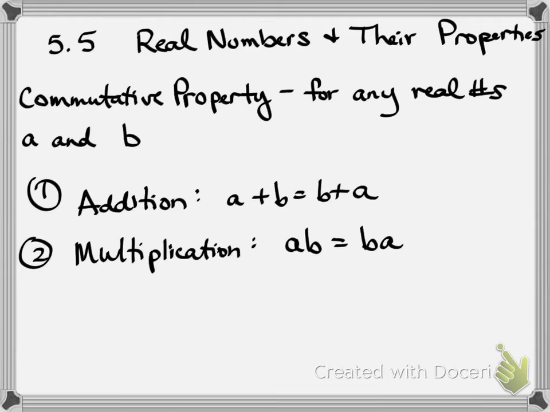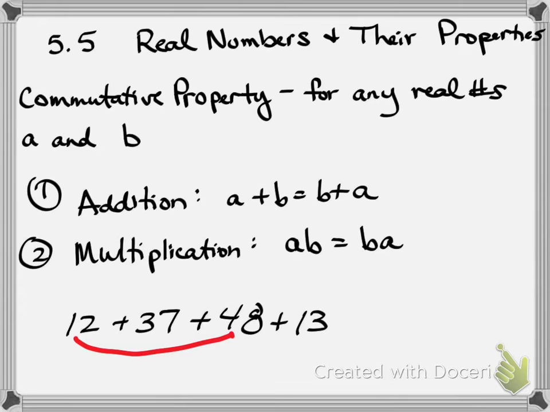And those are super, super handy, especially if you're doing things in your head. So if you've got to add together 12 and 37 and 48 and 13, and you know you can add in any order you want, then you can add these together to get those 10s. 12 and 48 is 60, and 37 and 13 ends in a 0, so it's 50, and we can add together and get 110.